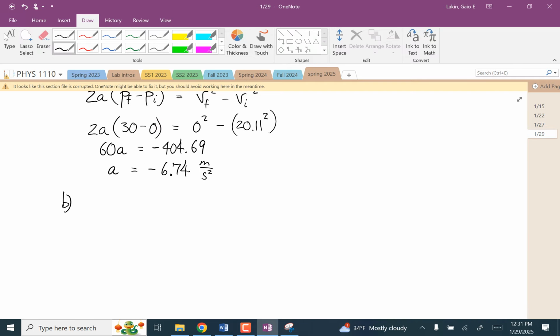So really you could set it up with it as your new time equals 0 or as your new time final. I'm going to set it up as my new time final. So my time equals 0 is still going to be when the car hits the brakes, but my time final now is going to be when the car has traveled 15 meters.